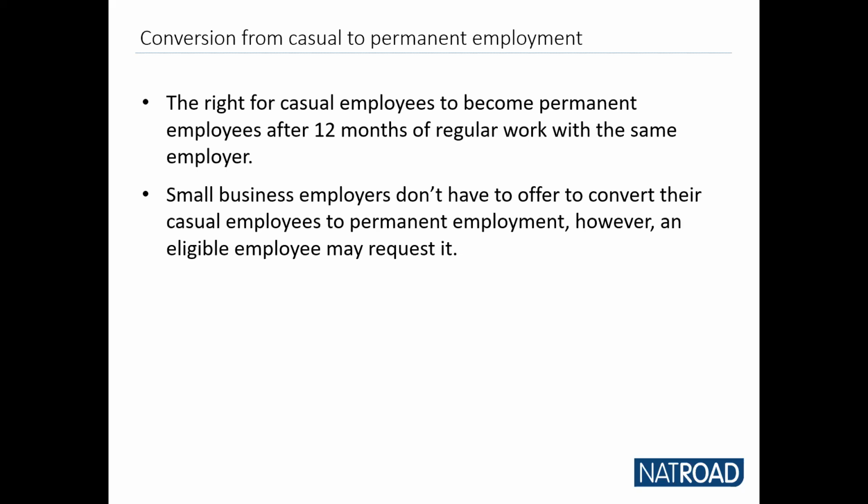So small business employers don't have to offer to convert their casual employees to permanent employment. However, an employee may request it. So again, we will go into more detail about this particular situation when we get to the session on casual employment.